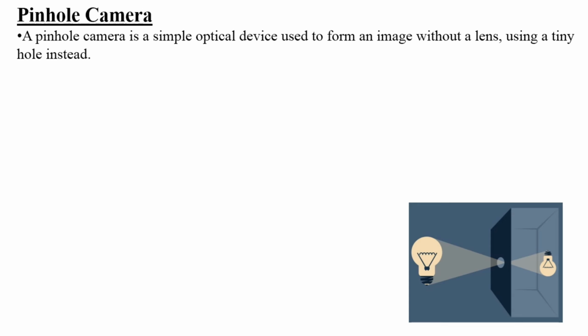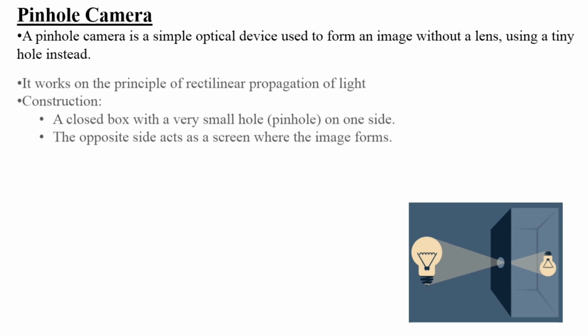The opposite side of the box acts as a screen where the image appears. Below the image you can see a small hole, that is the pinhole, and the screen on which the image is formed. This camera works based on the principle of rectilinear propagation of light, which means light travels in a straight line.